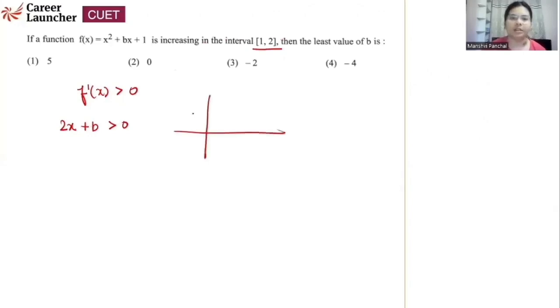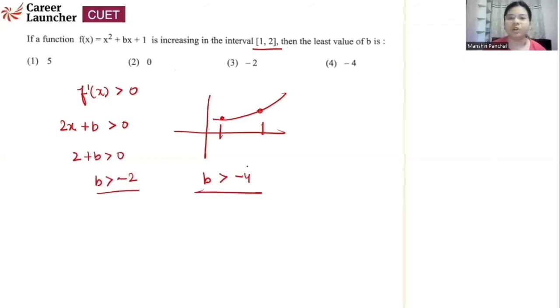Let's say this is your graph. At 1 you will get the least value, at 2 you will get the highest value, right? So I'll put 1: 2 plus b is greater than 0, so b should be greater than minus 2. And if I put 2 here, then b should be greater than minus 4. So what is the least value here? The least value is coming out to be minus 4. So option B, minus 4 is the correct answer.